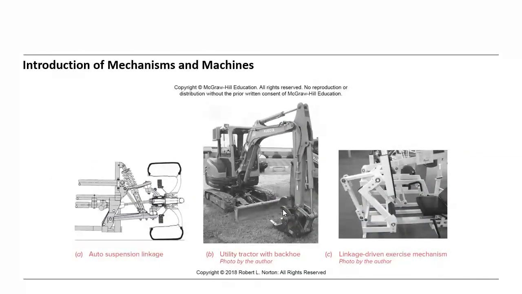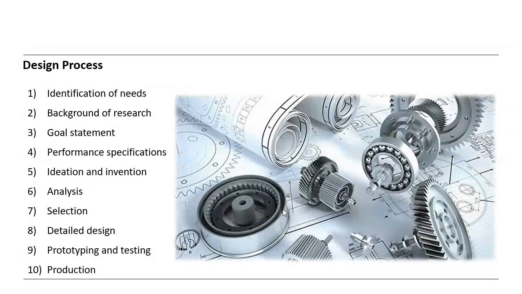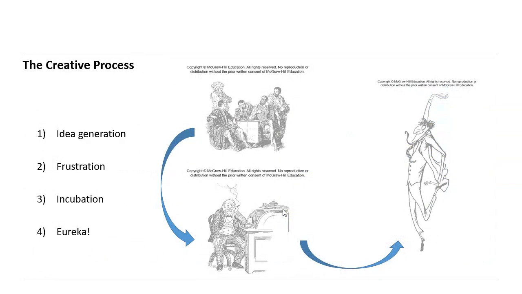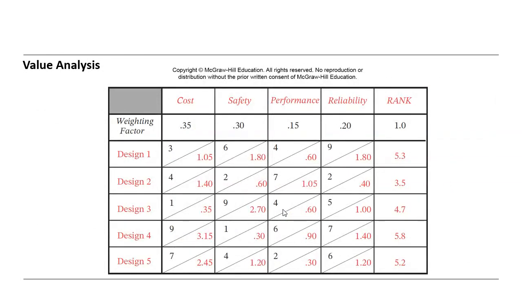So we talked about what is a machine, what is a mechanism, and how we can design, what the design process is, what the performance specifications are, and the creative process to design a machine, what creativity is, and how we can evaluate our design. That means to evaluate according to the weighting factors and so on.